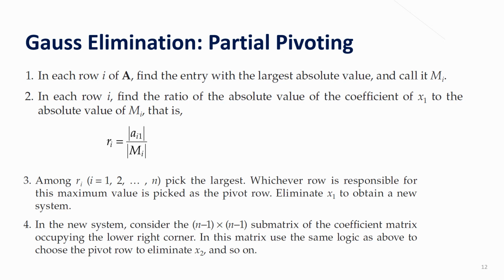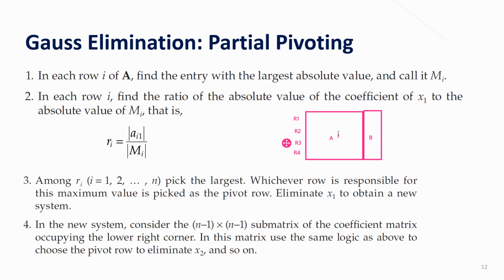For each row i of the A matrix, maybe I'll remind you again, we have two parts here. The A part on the left hand side, and then B part here. For each row, so let's say row 1, row 2, row 3, row 4.